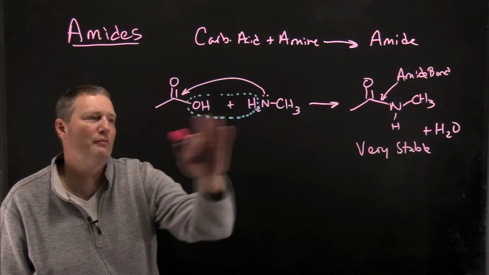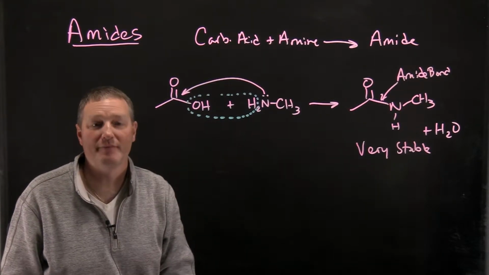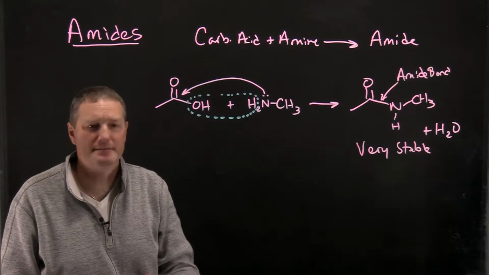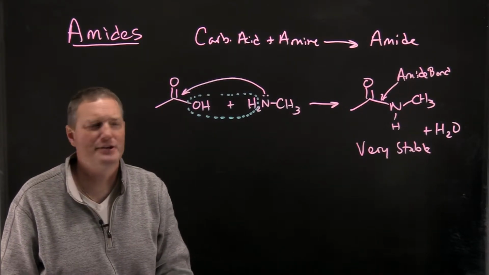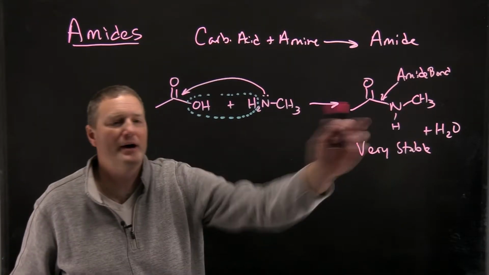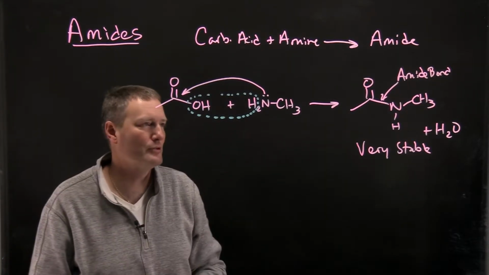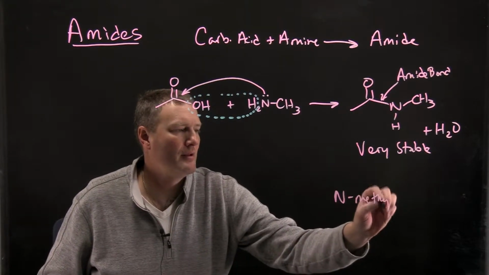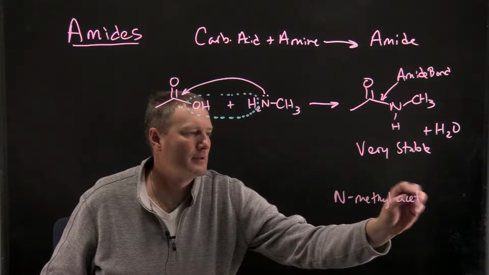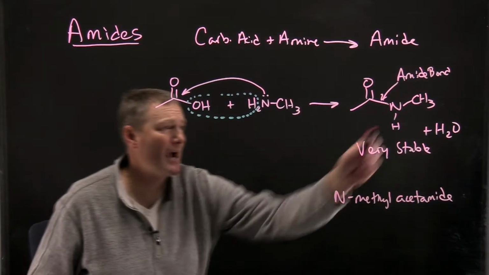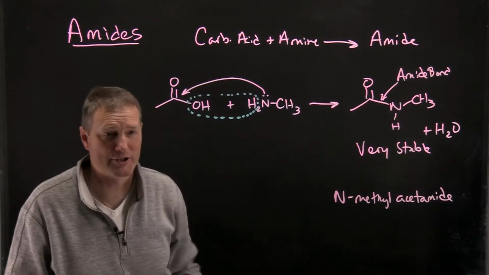So we have now an opportunity to look at this in terms of naming an amide. So this nomenclature is sort of similar to esters, but does have some slight variations. So let's name this compound over here, and then I'll go through some of the rules. This would be called N-methyl acetamide. Okay. And that's because I now have a methyl group directly attached to the nitrogen.